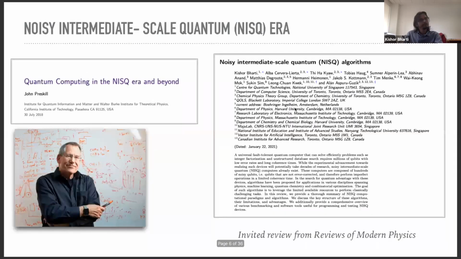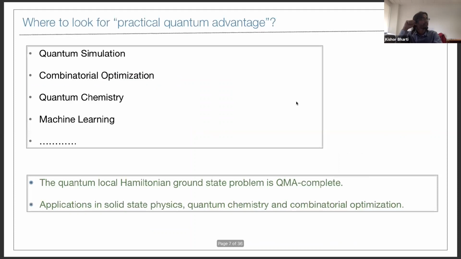So the point is, where should one look for practical quantum advantage? Some of the relevant areas are quantum simulation, combinatorial optimization, quantum chemistry, machine learning, and so on. Among them, the two I find particularly hopeful are quantum simulation and the local Hamiltonian ground state problem, which is a QMA-complete problem. That means it is difficult even for quantum computers.